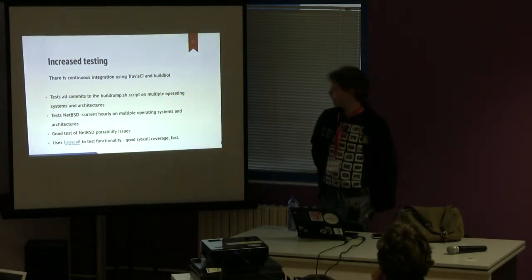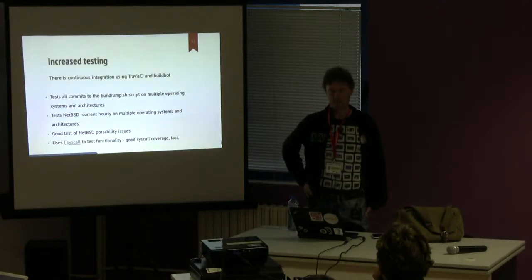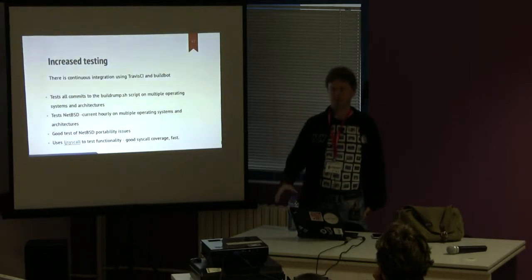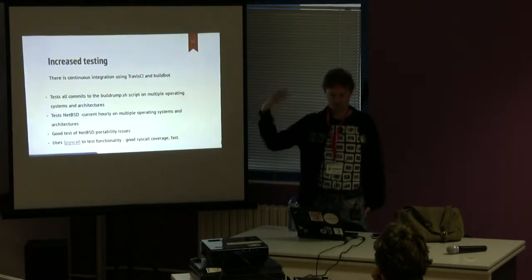That also meant I got involved in setting up tests. So basically, we do continuous integration with the rump kernel code. There's every commit on Travis CI, which is an automated service that runs from GitHub or anywhere else, on Linux.